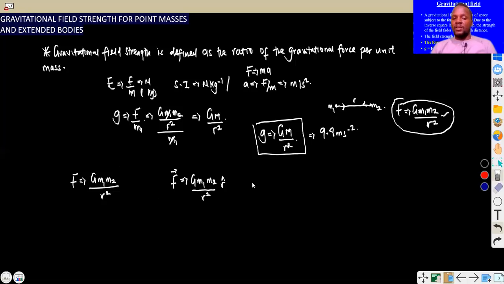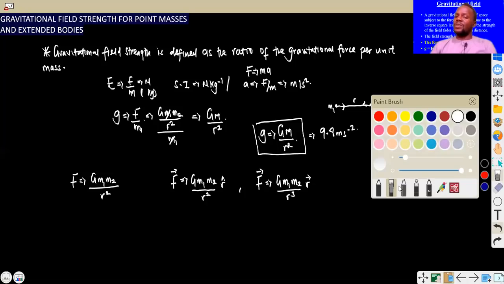Finally, I can say the F vector, keep this in mind because it's important, the force acting on the body can be written in vector form as G M1 M2 divided by R cube multiplied by the R vector. So this is the way we relate the formula.